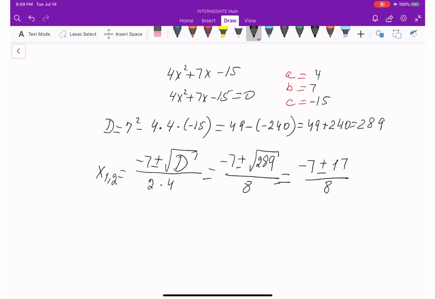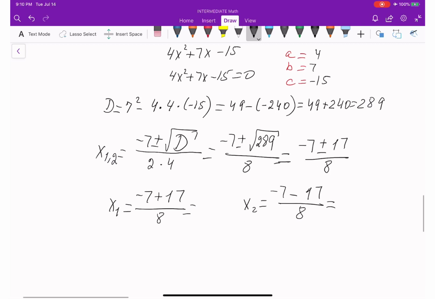So x1 is equal negative 7 plus 17 over 8. x2 is equal negative 7 minus 17 over 8. So negative 7 plus 17 over 8 is going to be 10 over 8.